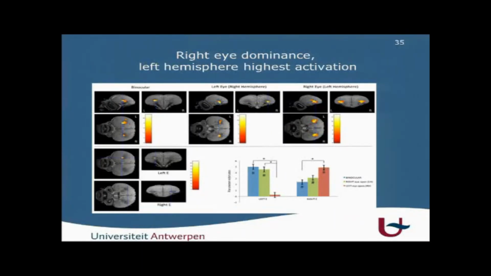If the right eye has a projection, of course, on the left side, you can see that there is a right eye dominance, so a left side in the brain which is more activated. This is how you can study ocular dominance, and also could study how you could manipulate it pharmacologically to see changes.